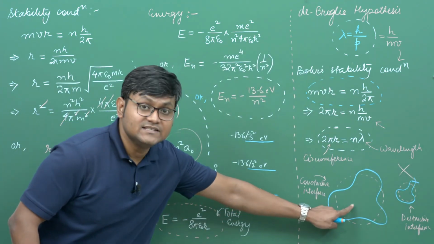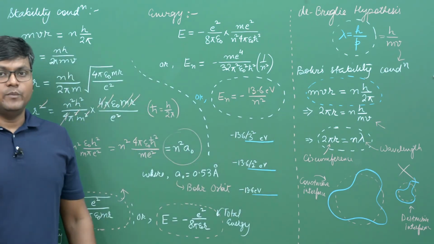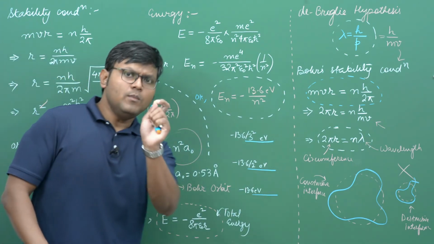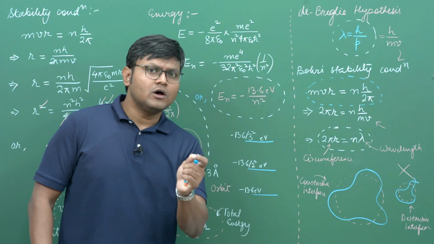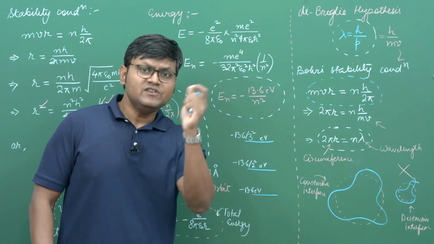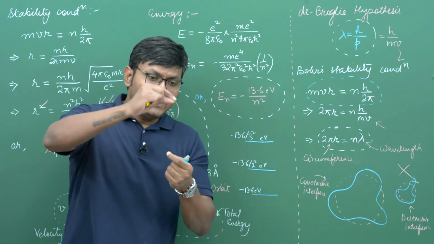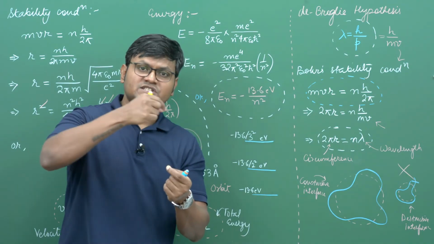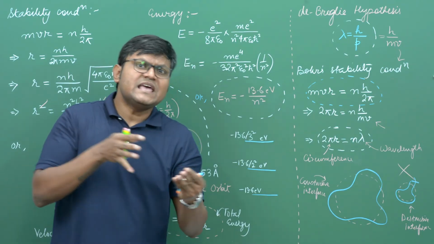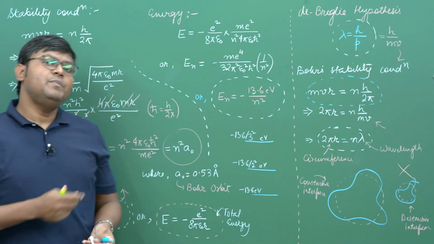Only these orbits exist, which are the stationary orbits. So the original problem of the Rutherford model, in which the electron was a point mass negatively charged particle that is supposed to decelerate and release energy and spiral inwards, is avoided by this quantum picture of the electron.